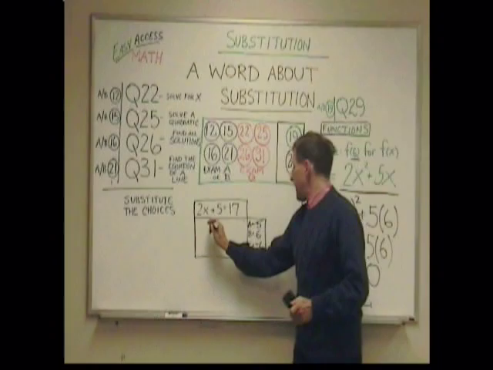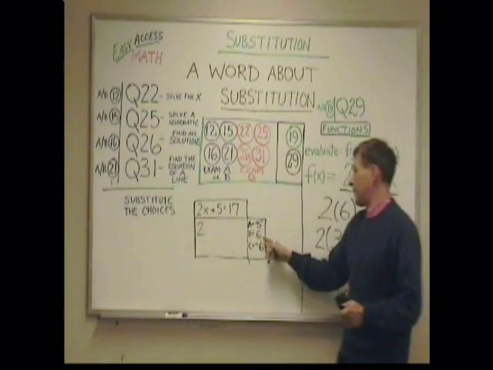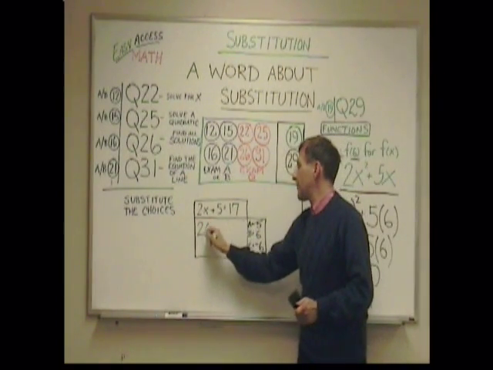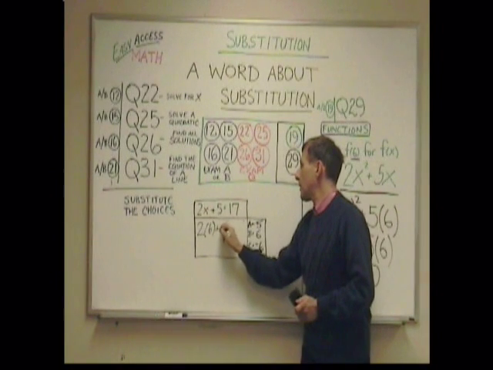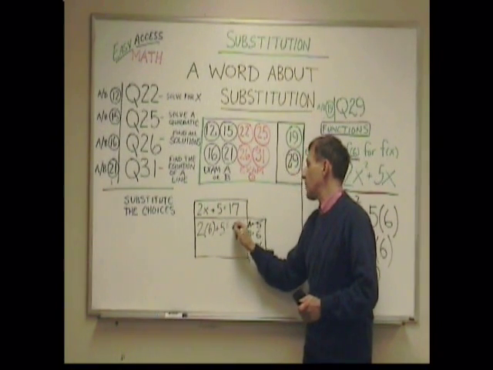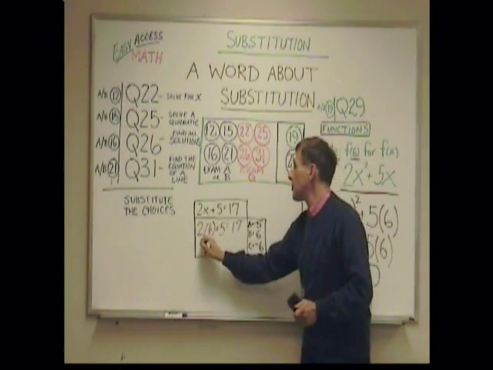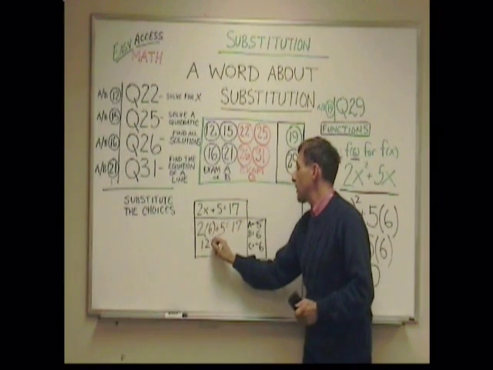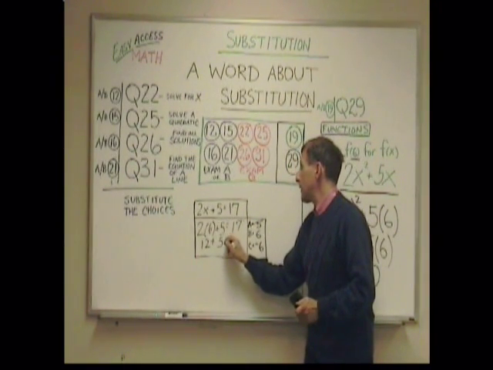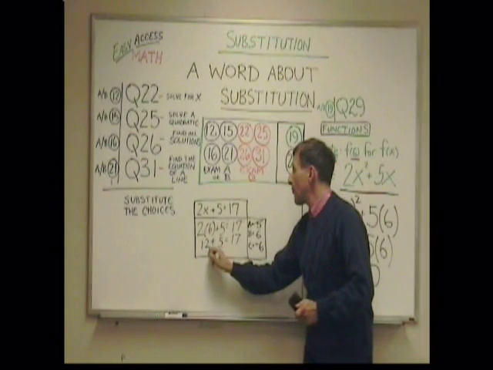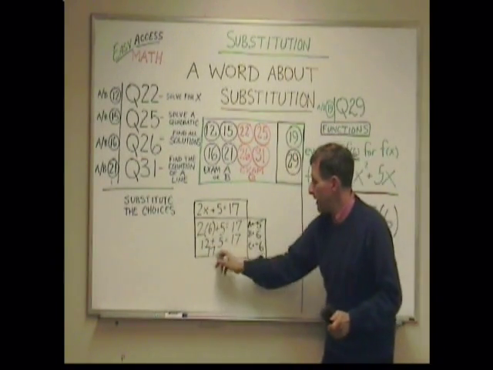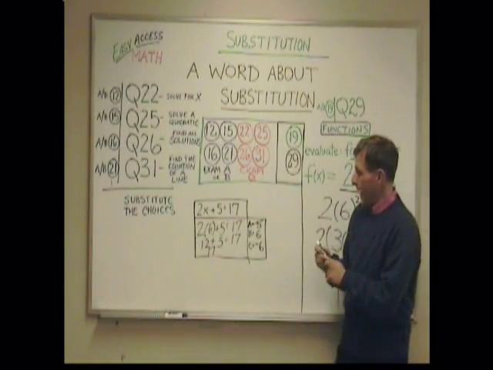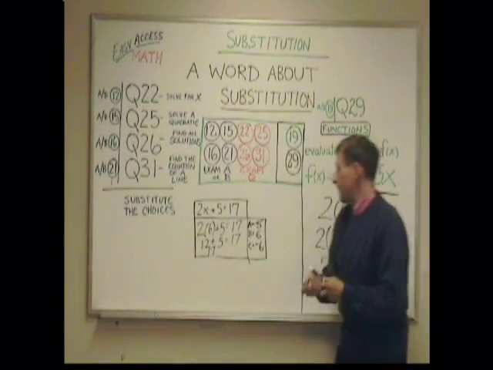Now, if I try B, which is 6, 2 times 6 plus 5 equals 17. 2 times 6 is 12, plus 5 equals 17. 12 plus 5 is 17. This worked, so we know that 6 is the answer.